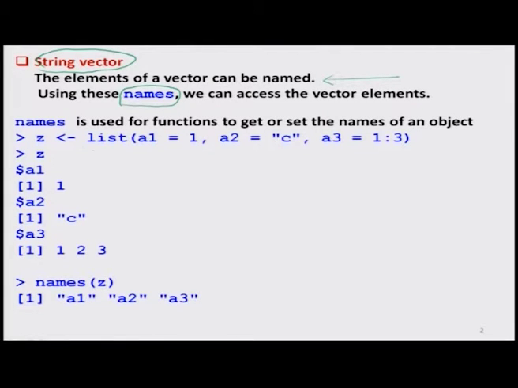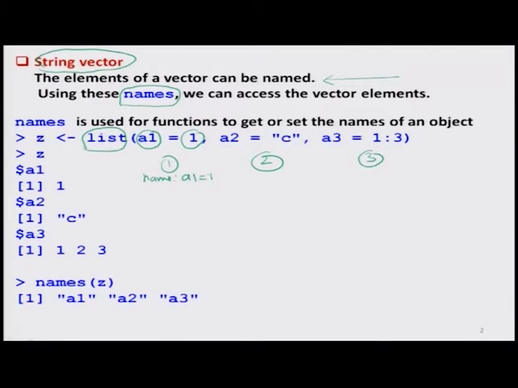Suppose I try to create a list. Since this is a list, it can have each and everything, numbers or alphabets or anything else. I take 3 elements, element number 1, element number 2 and element number 3. The first value is A1 equal to 1. That means the value here is 1, but I am giving it a name A1.